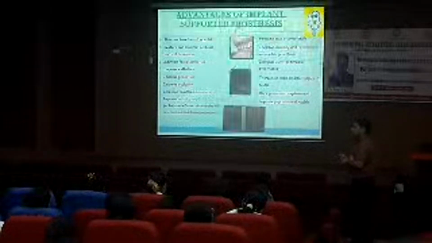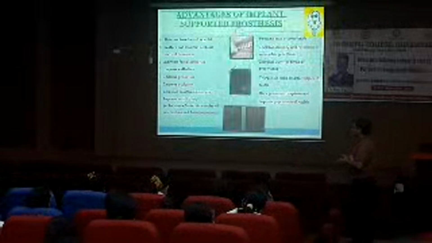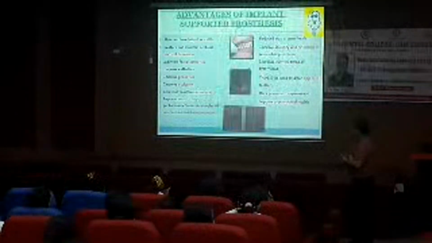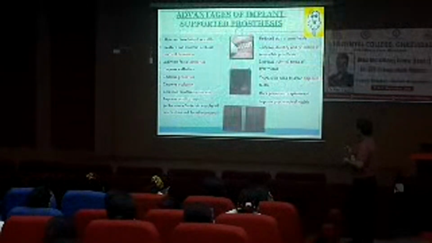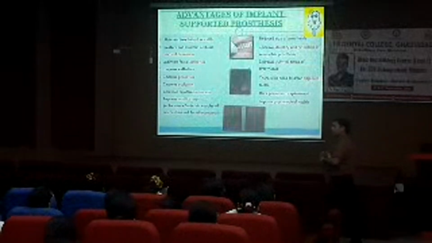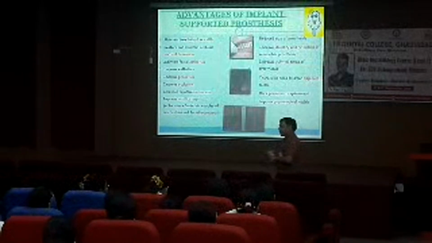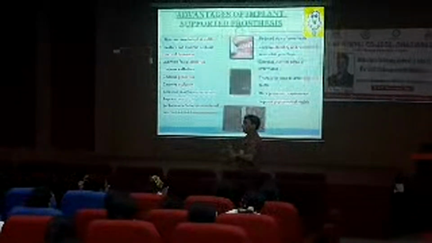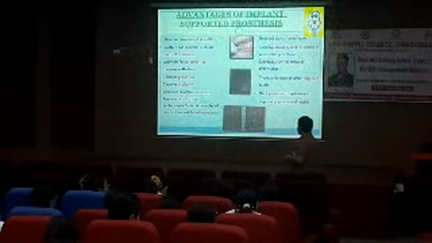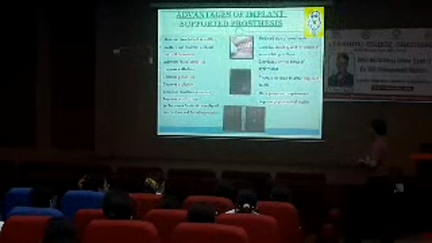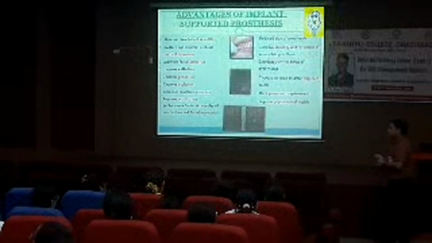If it is multiple, we divide the force among multiple implants. Improve the masticatory function, improve the stability and the retention of the removable prostheses. If the patient cannot have multiple implants, then we put 2 or 3 implants and put a removable denture over that, and it will increase the stability and retention. There is no need to alter the adjacent teeth, more permanent replacement, and improve the psychology of the patient.